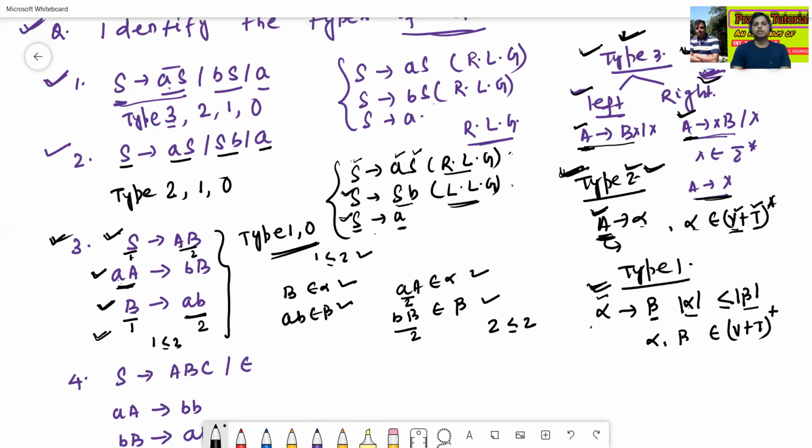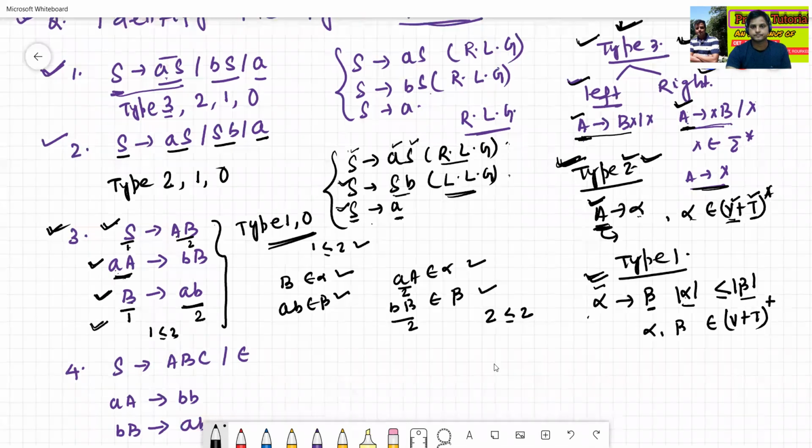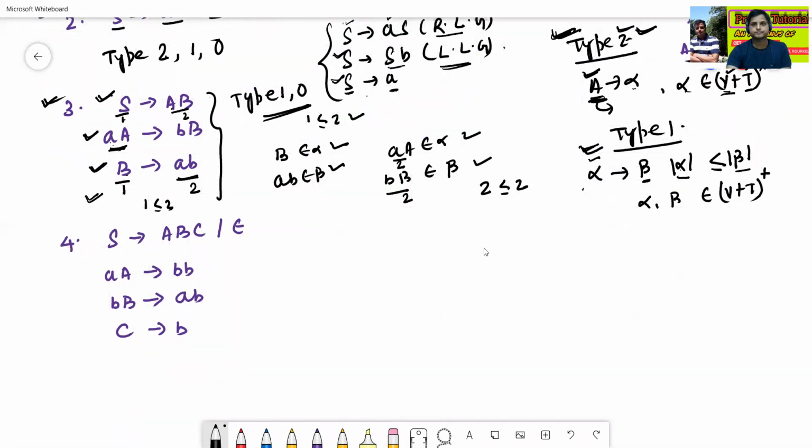Now we'll see the fourth question. Since the LHS of a production in this grammar contains two symbols, we should not check type 3 and type 2 grammar.